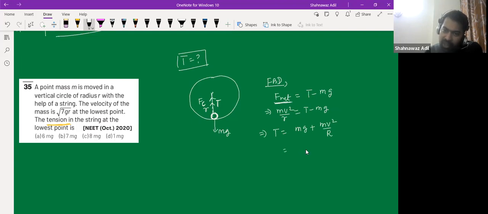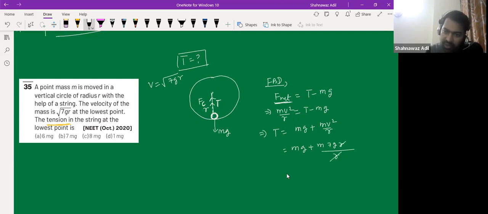So mg, and v they have told it to be root 7gr. So v square would be 7gr. This is small r, right? 7gr divided by r.